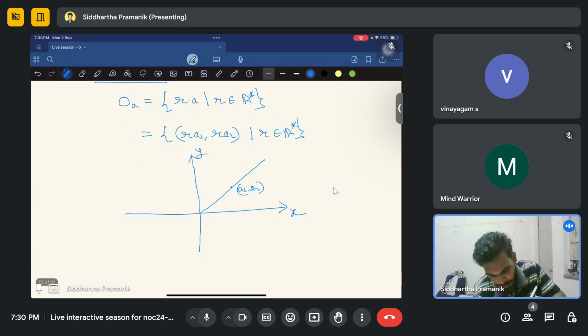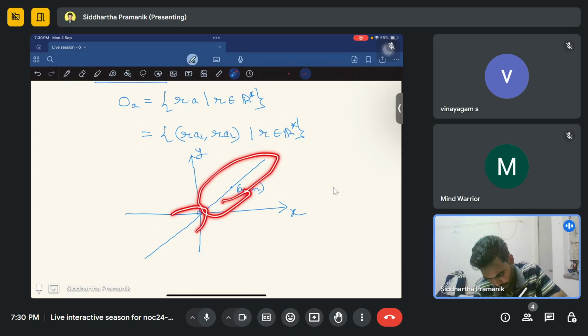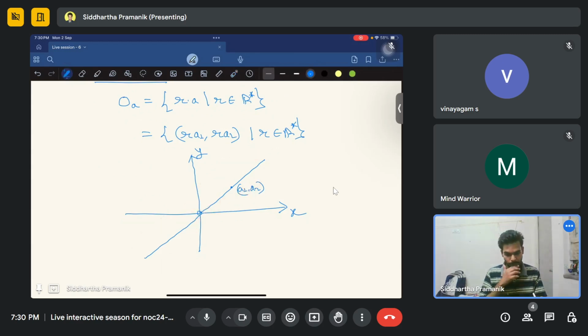But r belongs to R star, so we don't have 0. So it is not just this straight line, we have punctured it at 0. So it is the union of this straight line and this straight line. Orbits are basically straight lines, but with a break at the origin.